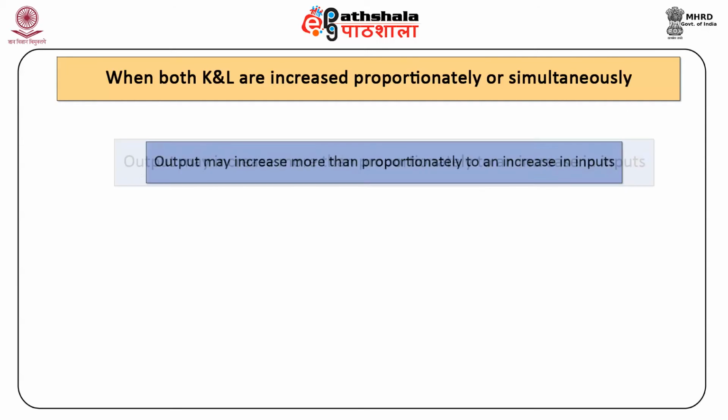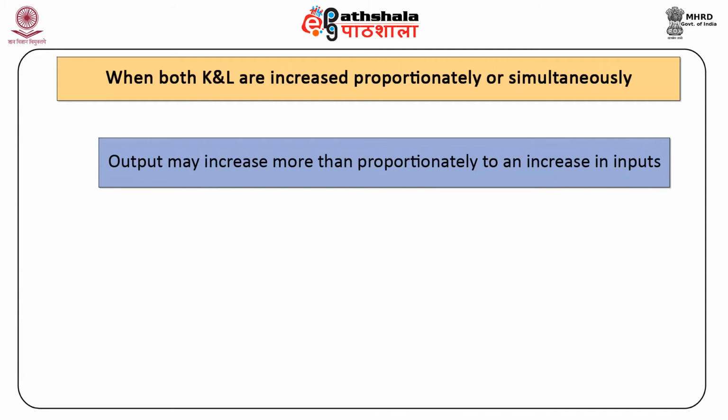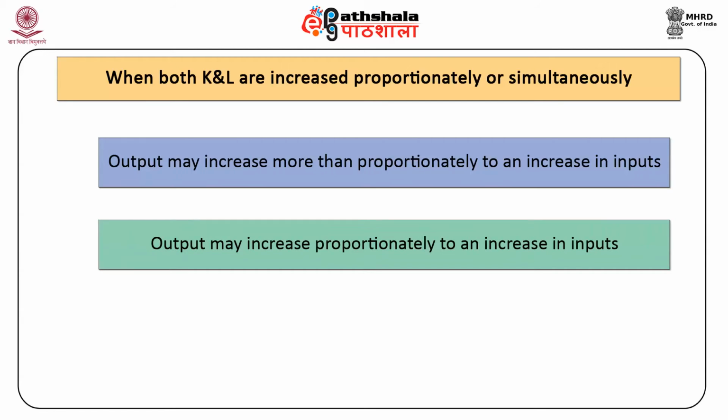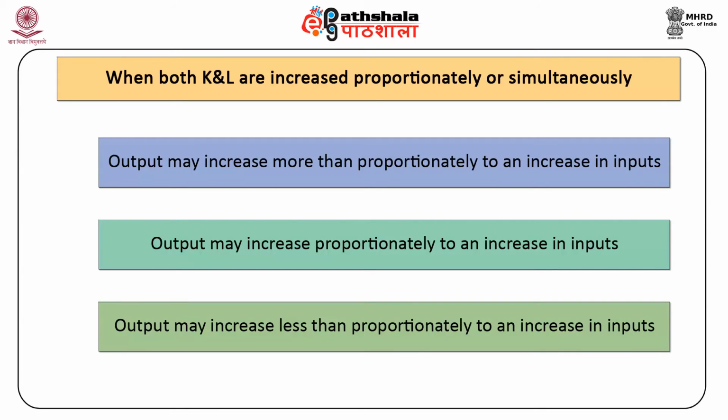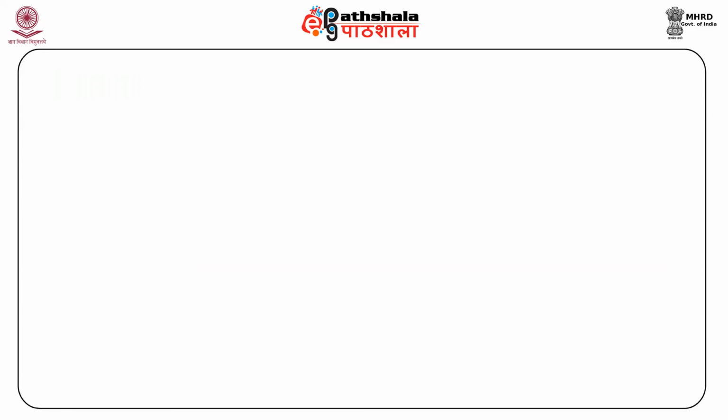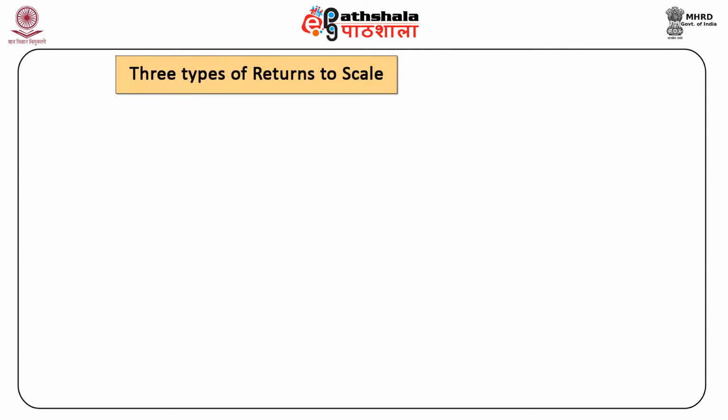1. Output may increase more than proportionately to an increase in inputs. 2. Output may increase proportionately to an increase in inputs. 3. Output may increase less than proportionately to an increase in the inputs. Correspondingly, there are three types of returns to scale.